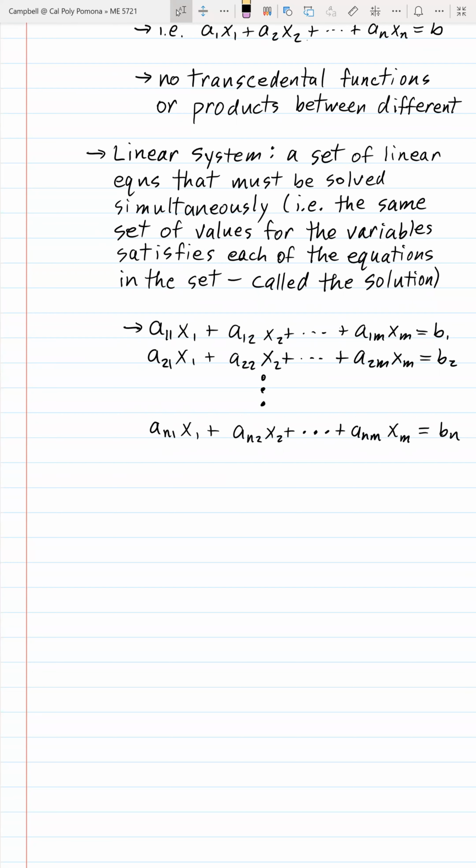We would, of course, have that equal to the vector of constants that are associated with the b's, and there you go.